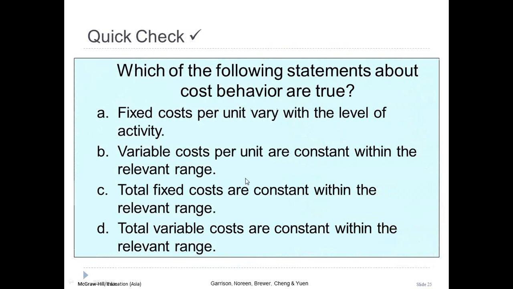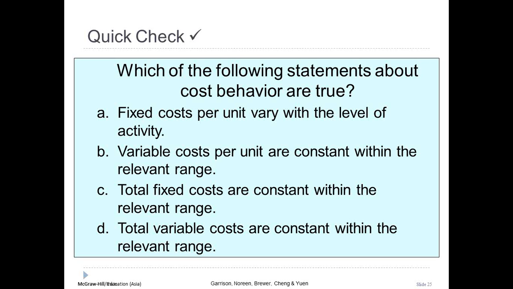Okay, let's do a check. Which of the following statements is true about cost behavior? A, fixed costs per unit vary with the level of activity. That sounds pretty good.